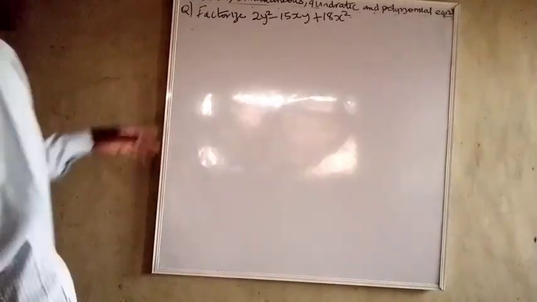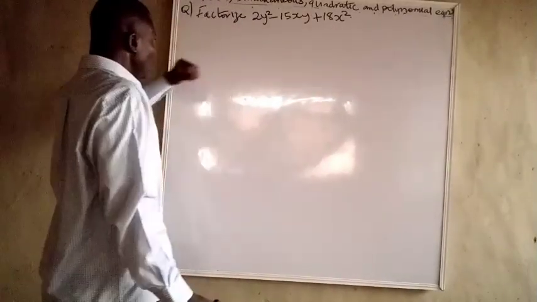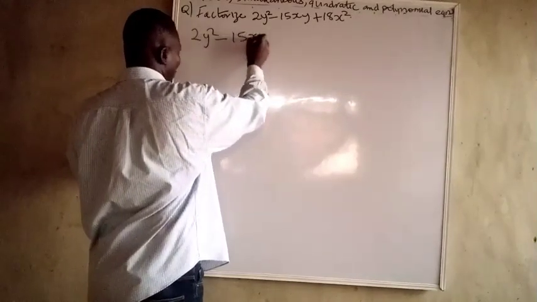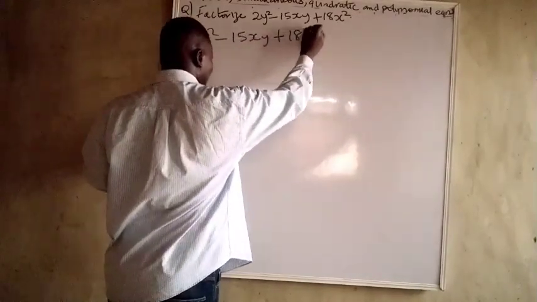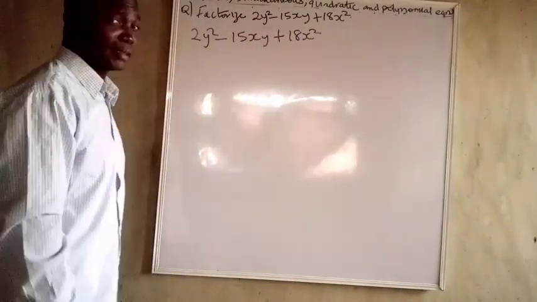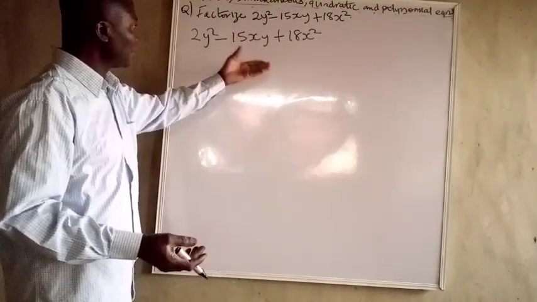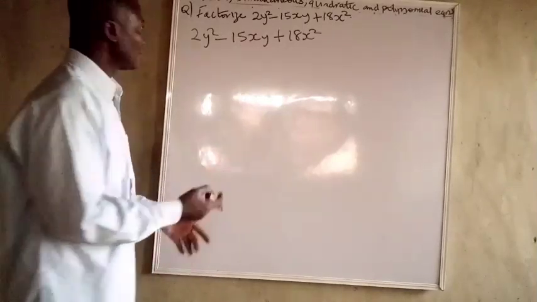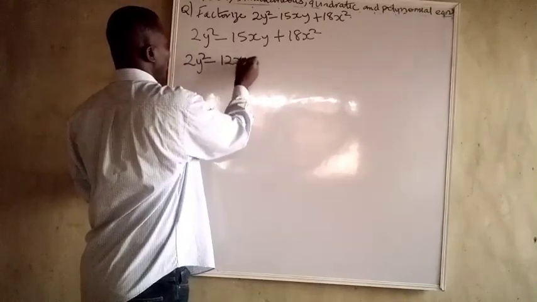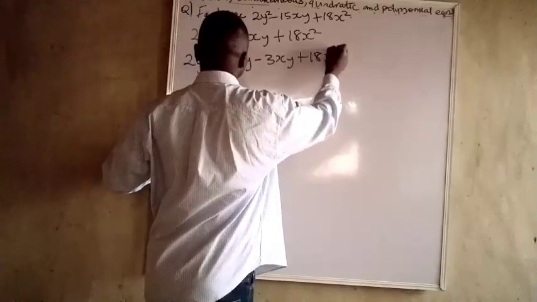We have this: factorize 12y squared minus 15xy plus 18x squared. You know, when you multiply the first and last terms, it's going to give you 216x squared y squared, and two expressions in xy that will give you minus 15xy when you add them. So we have something like this: 12y squared minus 12xy minus 3xy plus 18x squared.